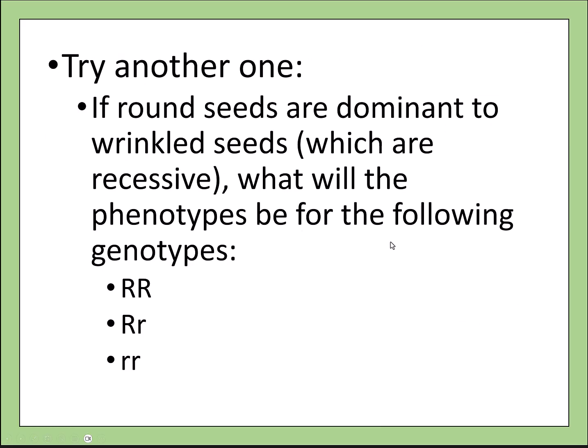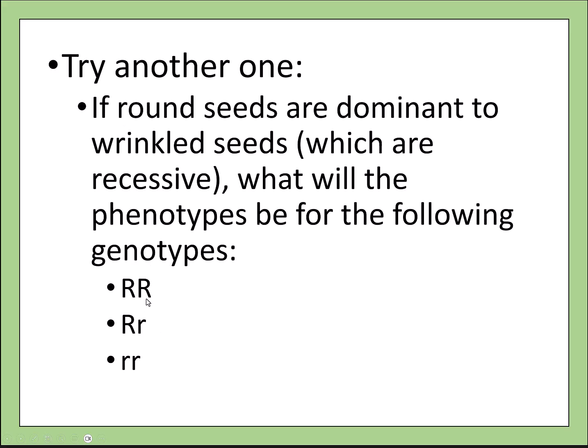So let's try another one. If round seeds are dominant to wrinkled seeds, which are going to be recessive, what will the phenotypes be for the following genotypes? So here we're using R to represent the dominant trait of round.